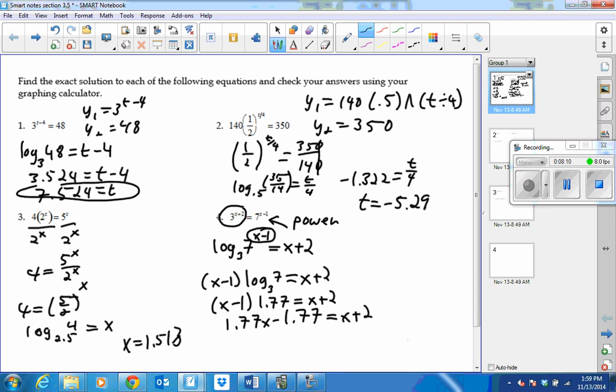So subtract 1.77x from both sides and we get 0.23x. Subtract 2 from both sides and we get minus 3.77. So we're going to divide negative 3.77 by 0.23. I'm just looking at my work to make sure I've done that right. Oh wait, no. If I subtract 1.77x from both sides, I have made an error.